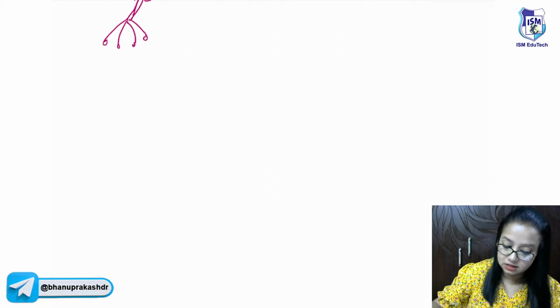Okay, and then we know the function of this multipolar neuron. Its main function is excitability.